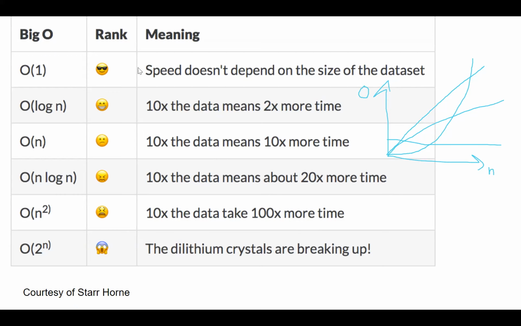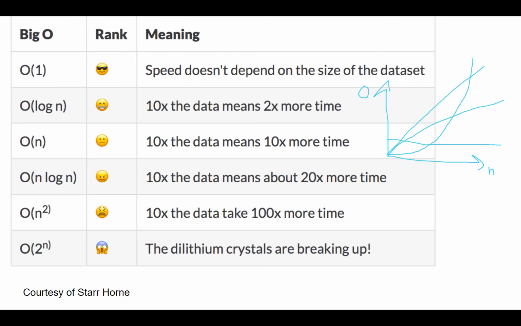So we start with the first one. For O of 1, it's just going to run at O of 1 the entire time. But for O of log n, that's also going to run at O of 1 in this specific instance, which is good. But an O of n function is going to run at 10 times O of 1, which is 10 times the amount of time that it would take to run on one input.